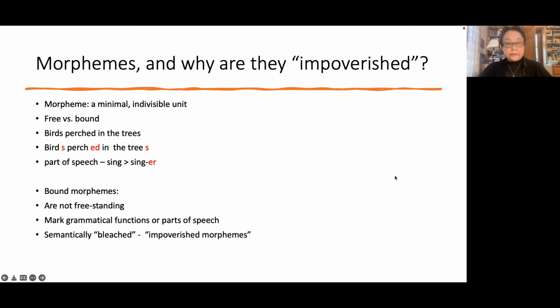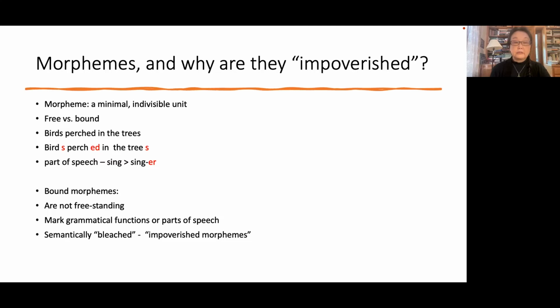So what are morphemes? I think many of you already know this, but I just wanted to be on the same page. A morpheme is a minimal indivisible unit in a language, and it comes in two kinds, free versus bound. If you have a sentence like "birds perched in the trees," "birds" is a word form.